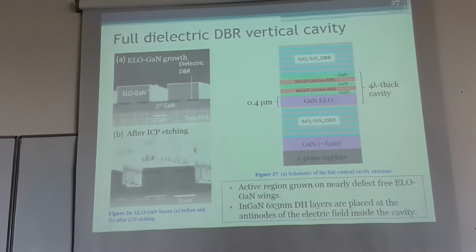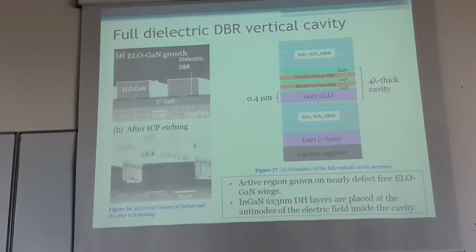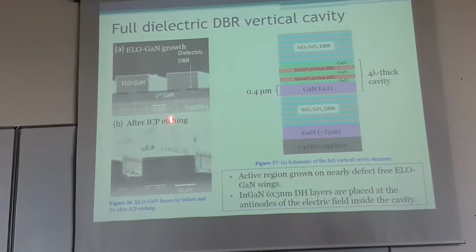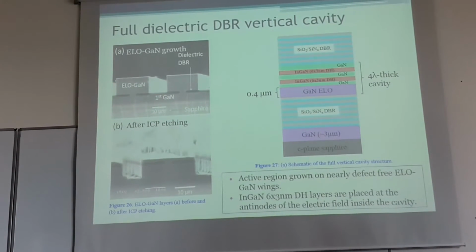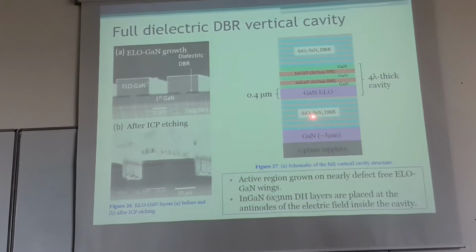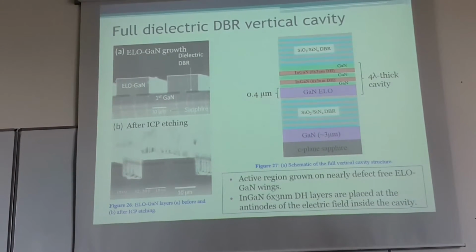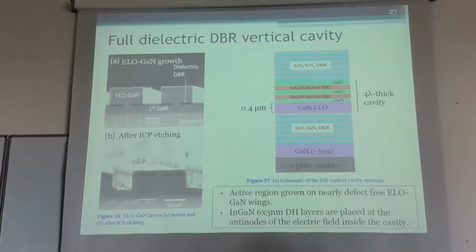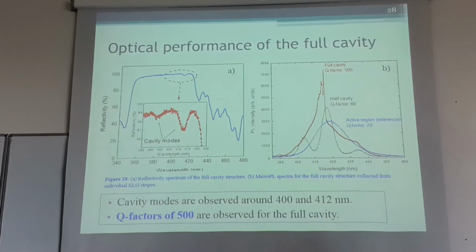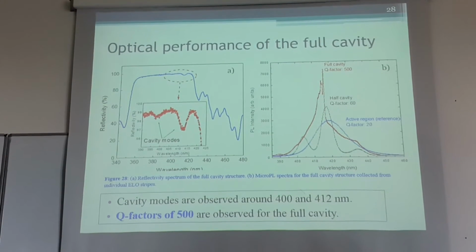The left-hand side image is showing an SEM image of the grown layers. This is the sapphire substrate. This is the first gallium nitride layer, and this is the overgrown layer. This is the bottom dielectric DBR, instead of DBR deposition. This is the optical performance for this full cavity structure.